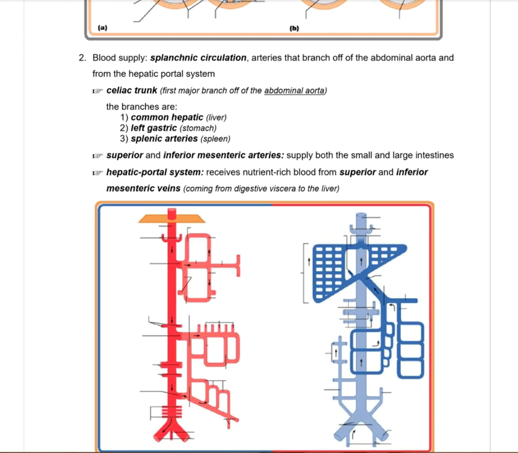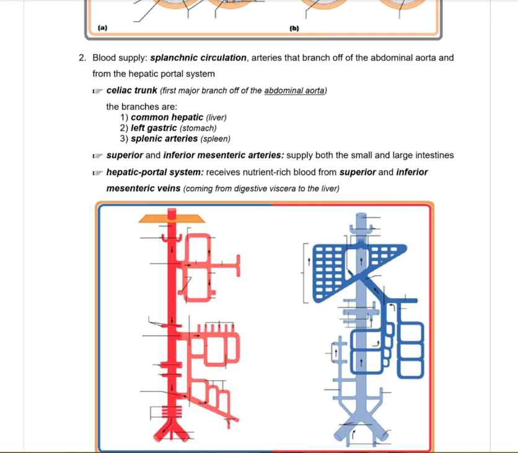Now, next, what we want to talk about is splanchnic circulation. And this is just we want to talk about some of the circulatory pathways. And some of this we did in 232, so it's kind of a reminder of what we did before. So let's see what you remember.